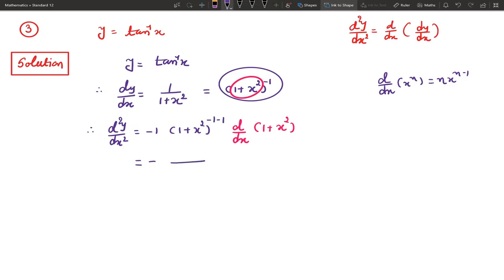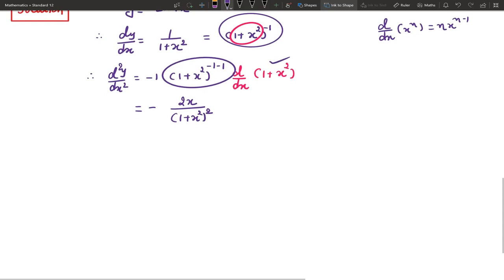So by rules of indices it is 1 upon 1 plus x square raised to 2. Simplification of this: now d by dx of 1, 1 is constant, derivative is 0, d by dx of x square is 2x.